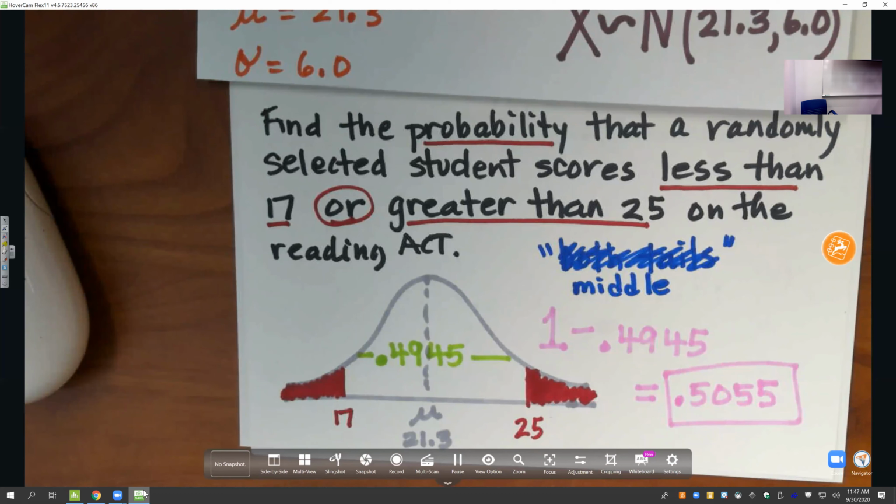I took the whole pizza, I subtracted the middle that I ate, 0.4945, and this is what's left. So there's about a 50% chance that a student would score less than 17 or greater than 25 on the reading ACT. That's an extra step. You follow me?